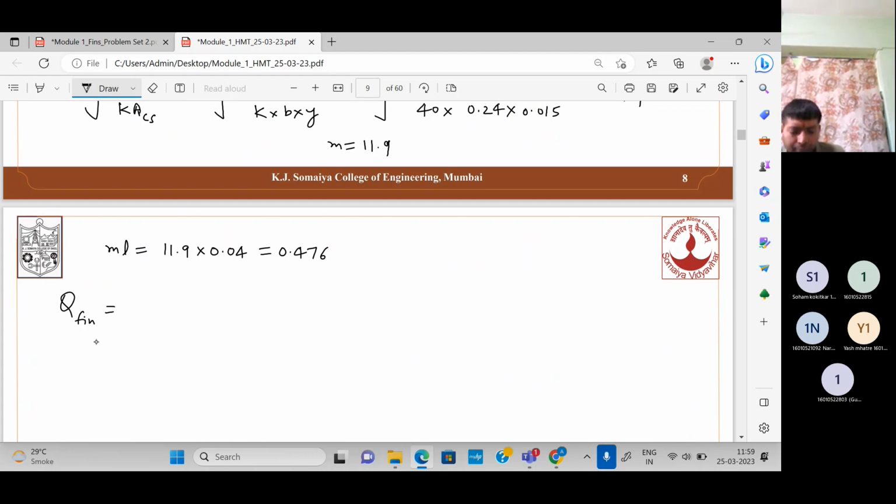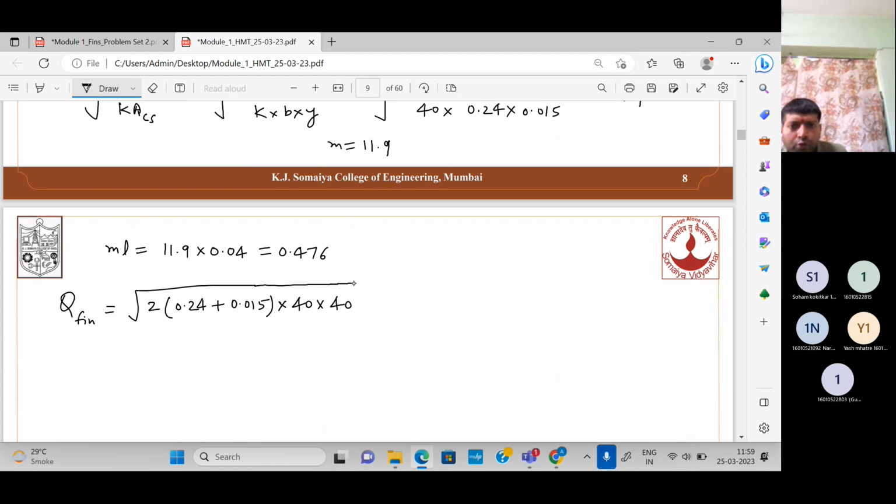So Q fin is equal to root PhkA. Okay, so this P is 2 times of B plus Y. So B is 0.24 meters plus Y is 0.015 meters. Okay, this is the perimeter. H is 40. K is also 40.